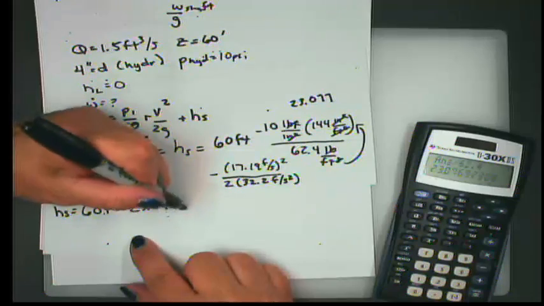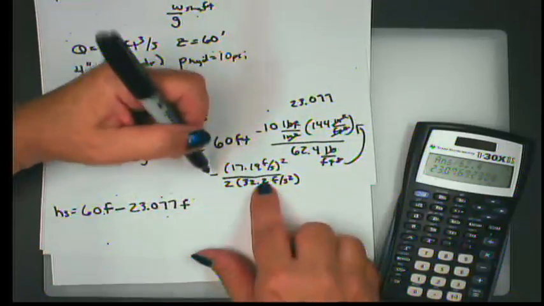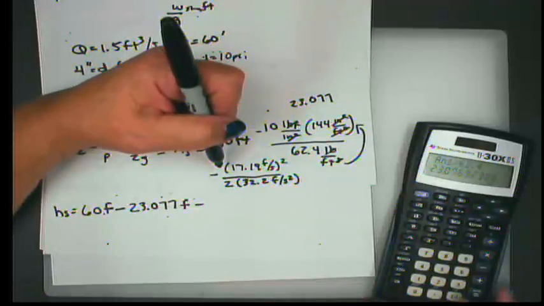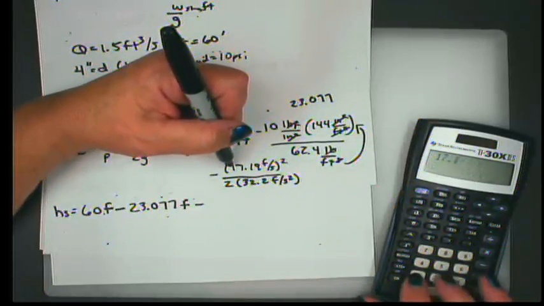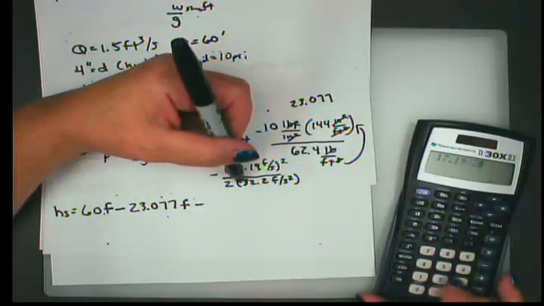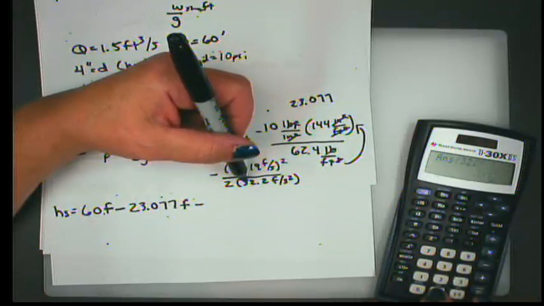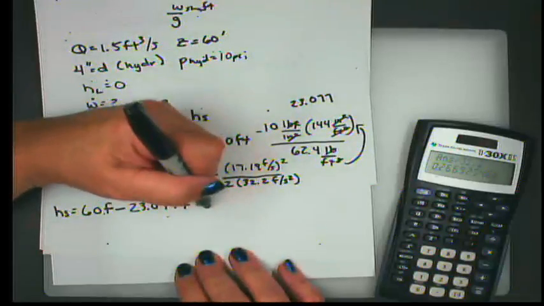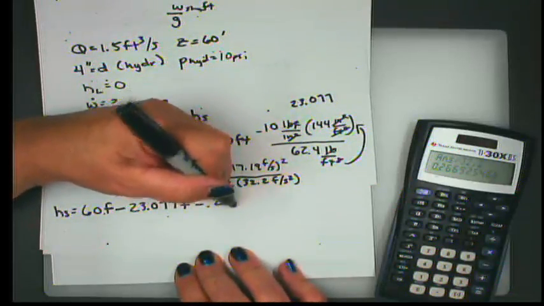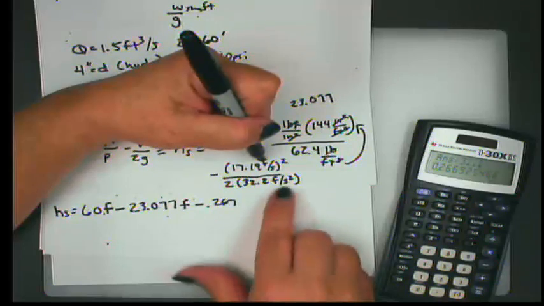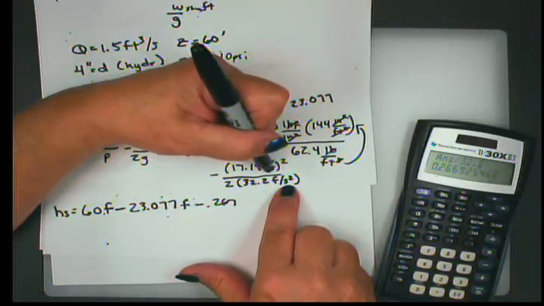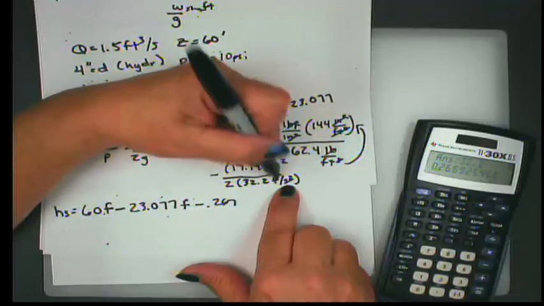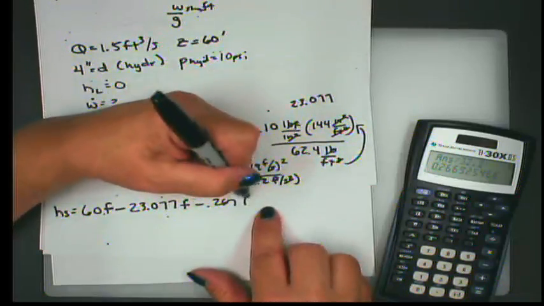So this number is 23.077 feet. And then last but not least, I subtract this value, 17.19 divided by 2 divided again by 32.2, and that value is 0.267 feet squared becomes feet. Second squared cancels out. This cancels against one of those, and that's in feet.